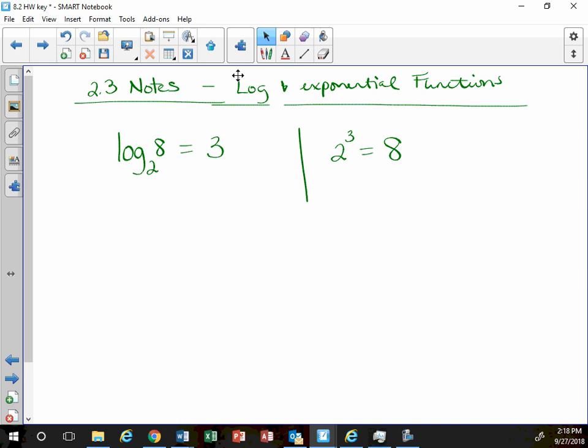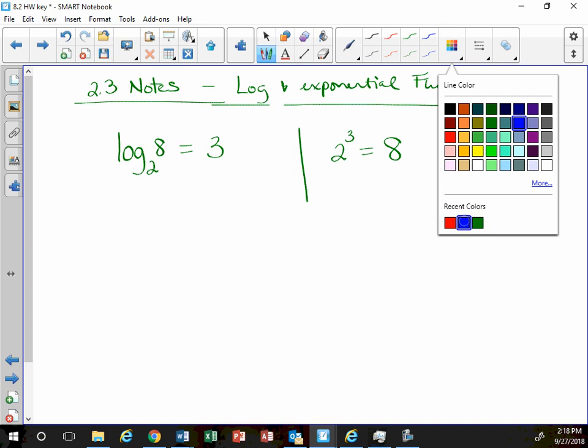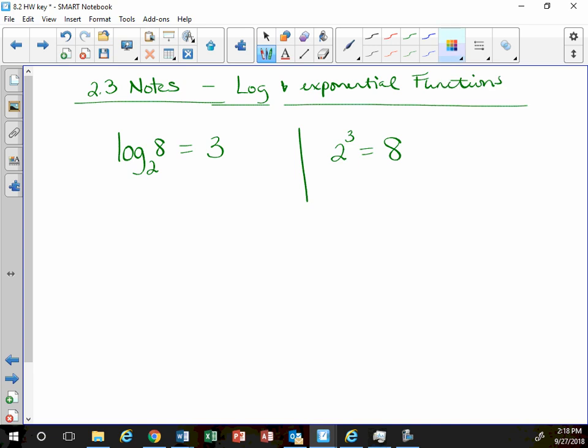Another way you can think about doing it is what's called exponentiating. If I go back to this original log equation, I look at my base, it's a 2. I'm going to do 2 to the log base 2 of 8 equals 2 to the third.